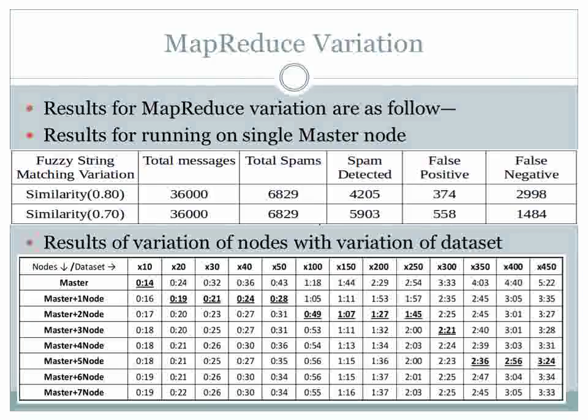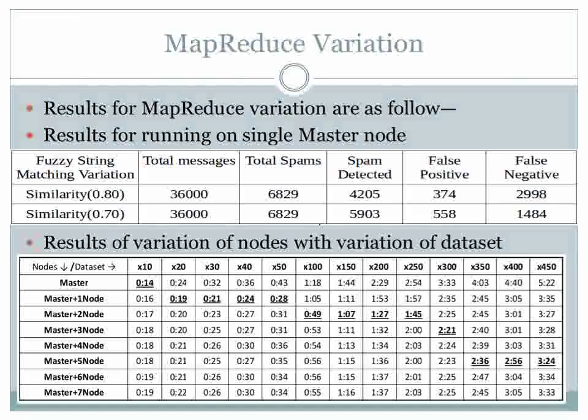To handle large databases and large networks like Twitter, we molded our framework to work on a MapReduce platform, and the results are as follows. The dataset used in this case included a total of 36,000 messages, which had around 6,800 spam.